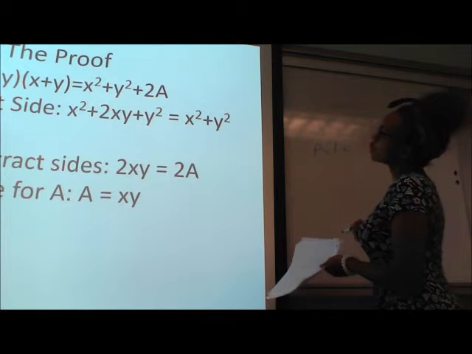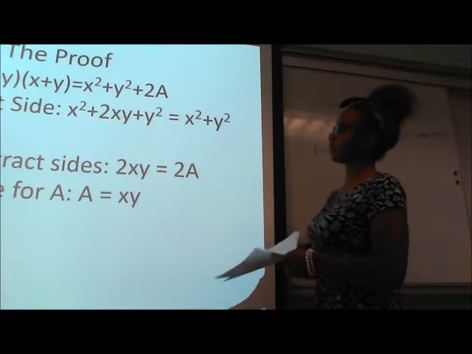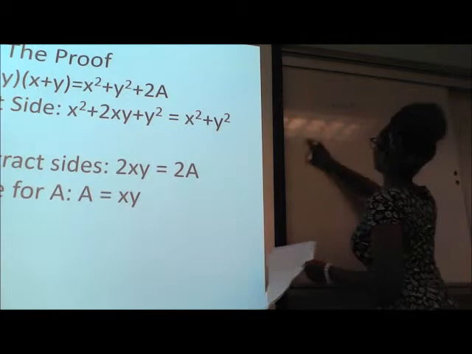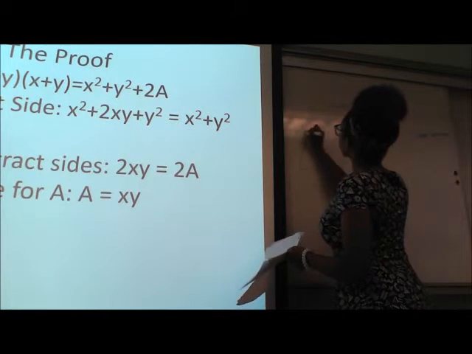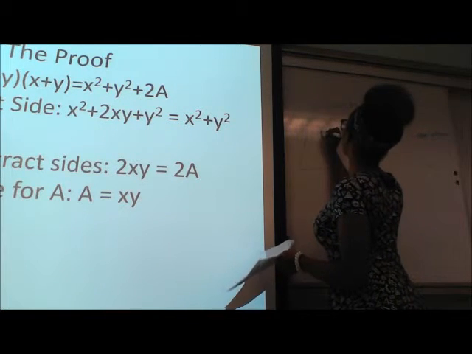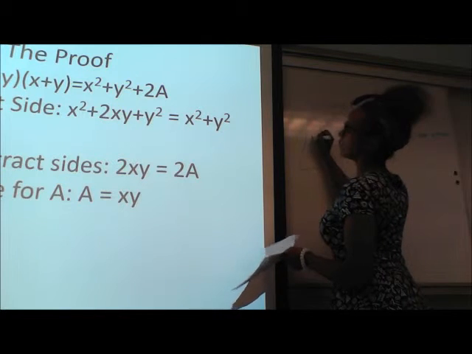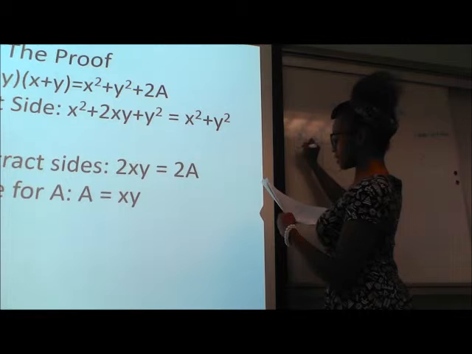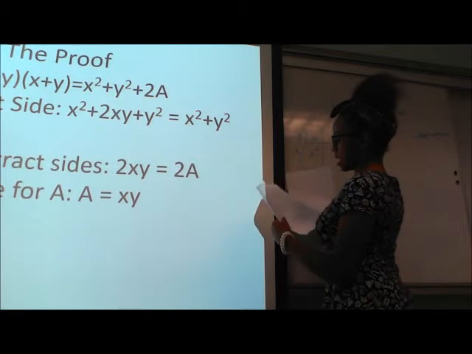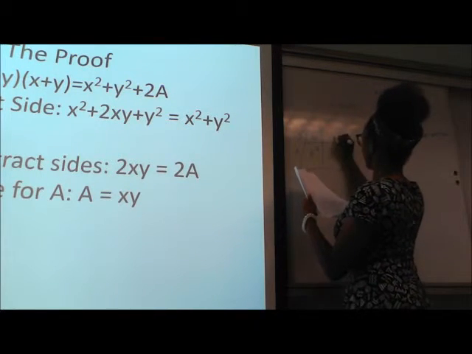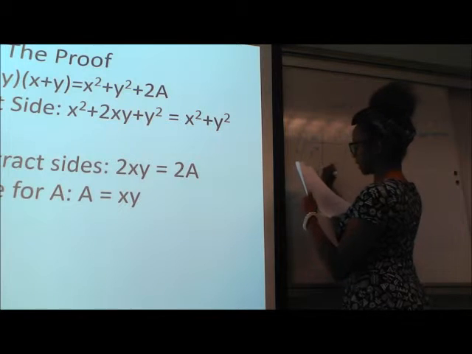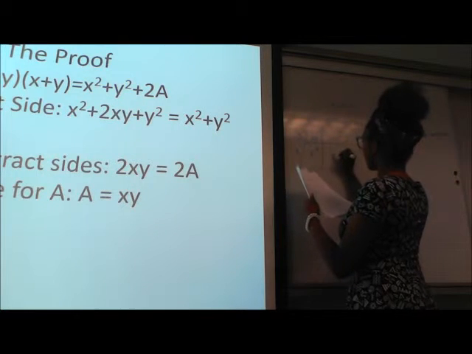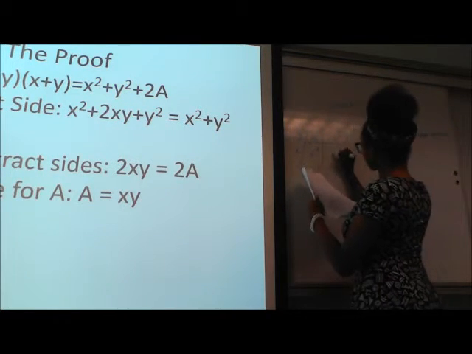Okay, and now here is your proof. I have a rectangle over here, but you guys can't see it, so I'll draw it here. You have your A here, x squared, y, x, and you have your y squared here, x down here, which is kind of like the box method.